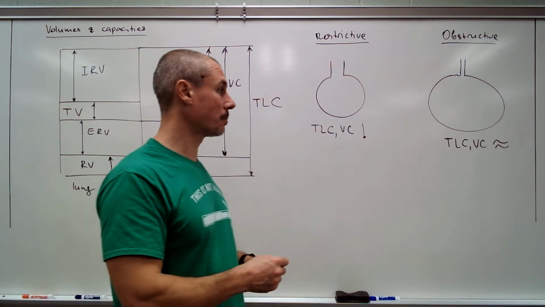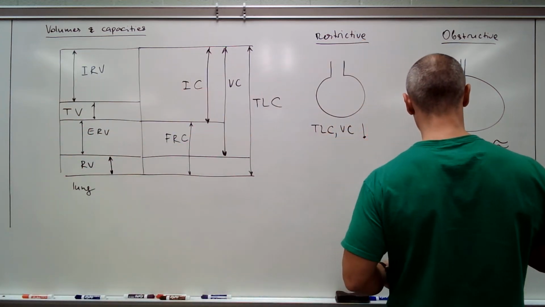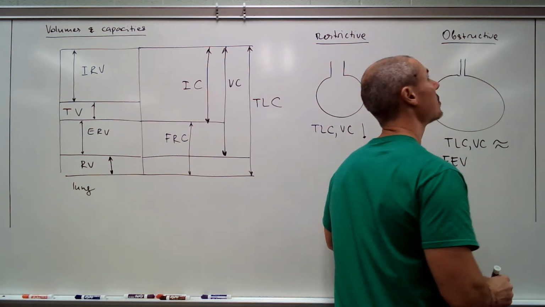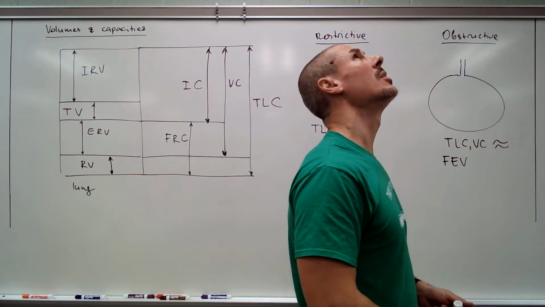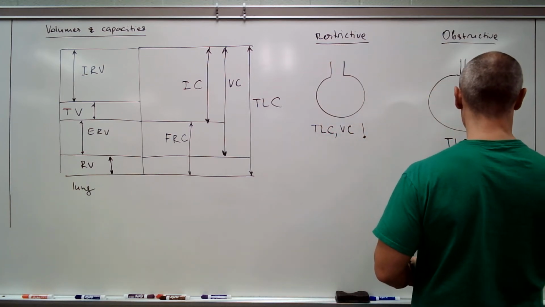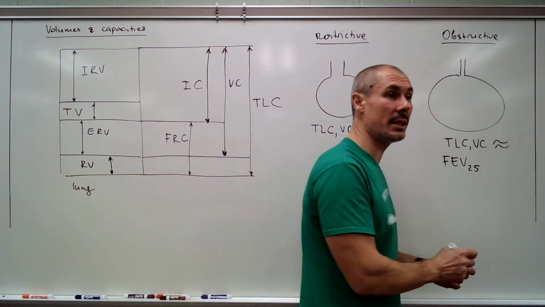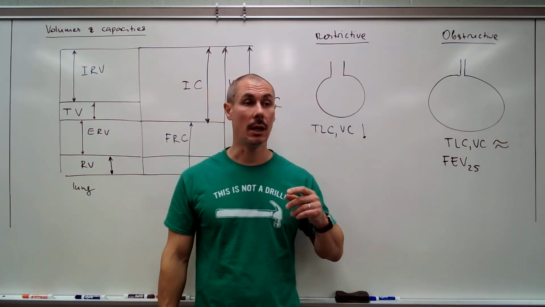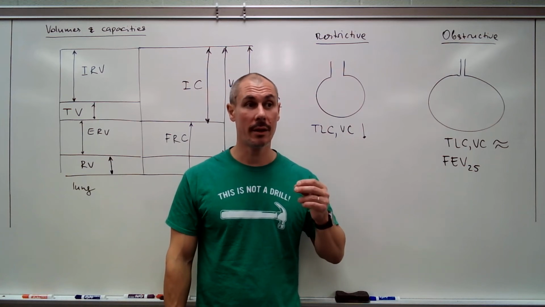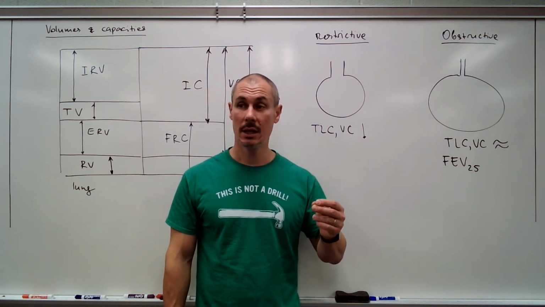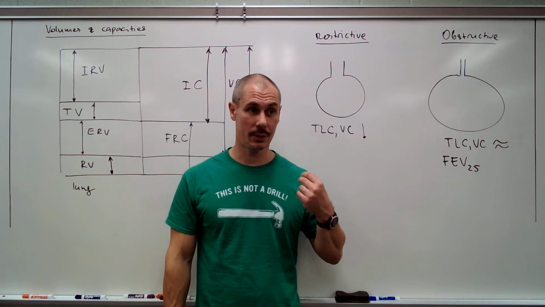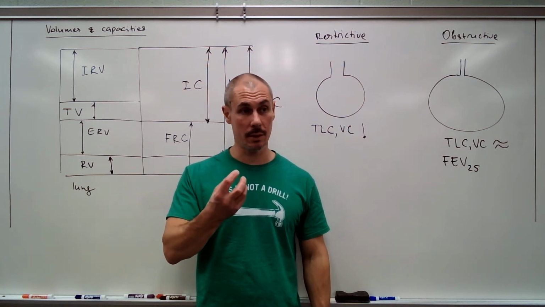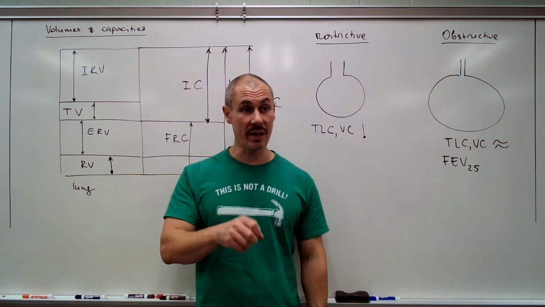Now, what you can measure fairly easily in spirometry is the rate of ventilation. For example, you can measure so-called FEV. I think it's called FEV 25, I don't remember that. Basically, FEV stands for forced expiratory volume. Now, look at this. Imagine I give you a spirometer device, and you breathe into the tube.